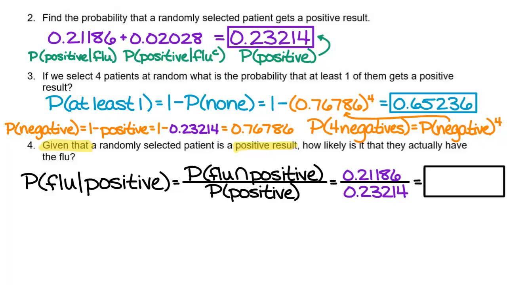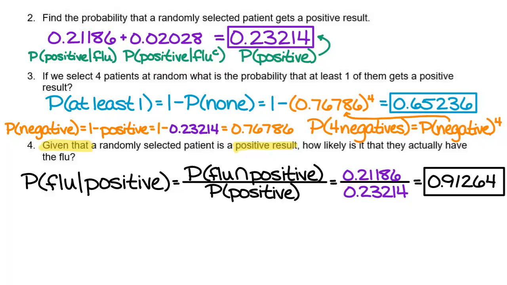So we're going to divide those two, and that will give us the probability that somebody really does have the flu, given that they tested positive. Or if you tested positive, here's the probability that you're actually sick with the flu in particular. And if you divide those, we get 0.91264.